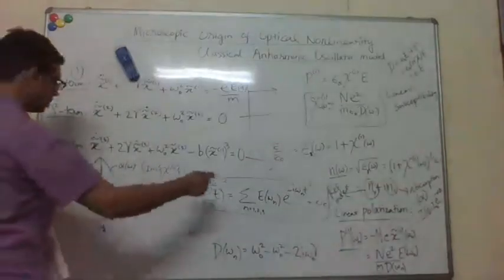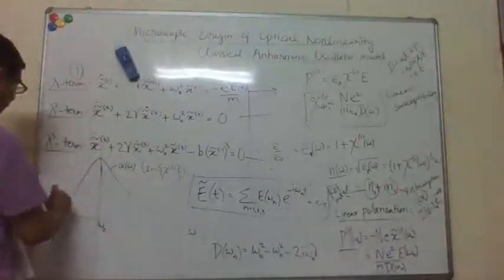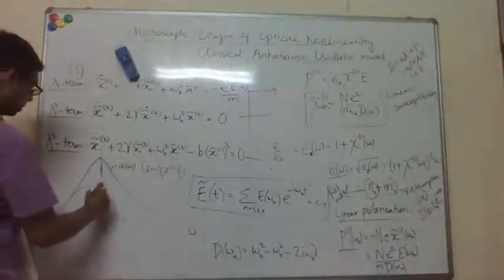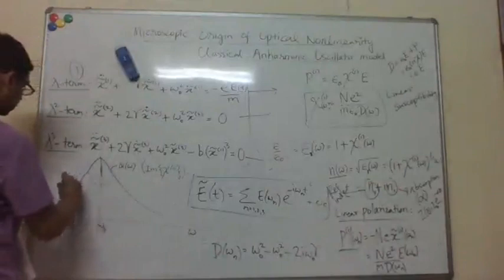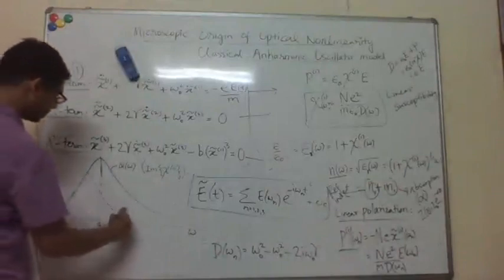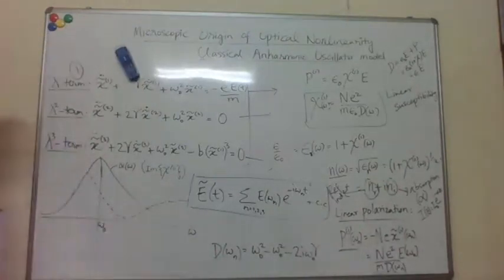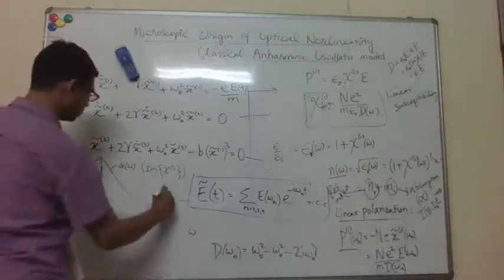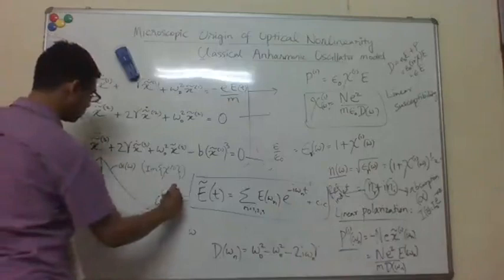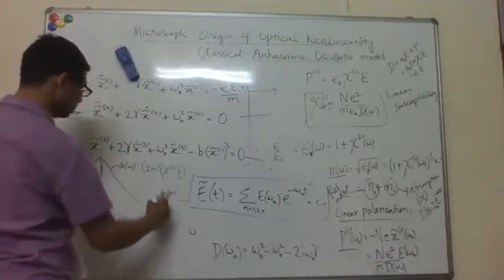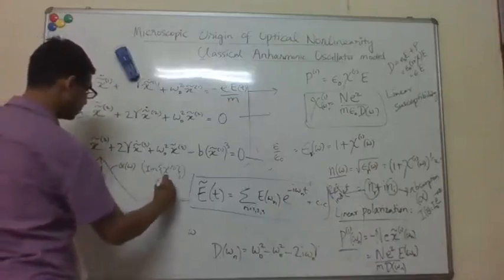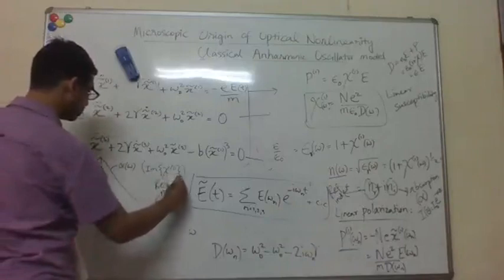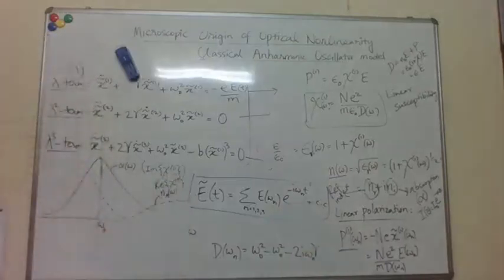This is alpha, which is coming from the imaginary part of chi1. And then if you look at the real part of the refractive index, that typically goes something like the derivative of this. Okay, so this is the refractive index, which comes from the real part.